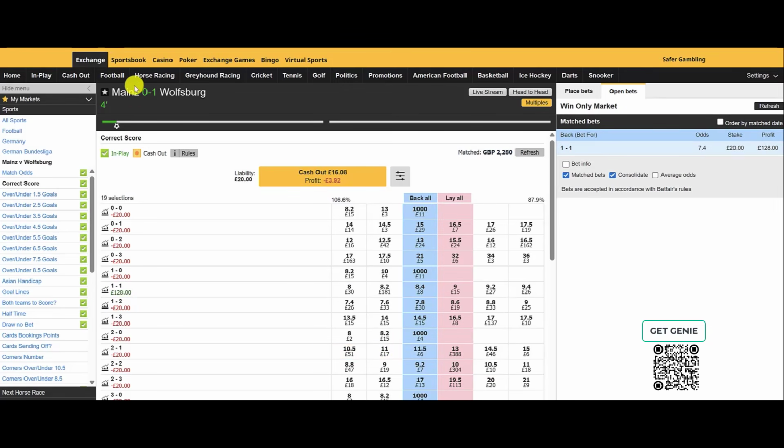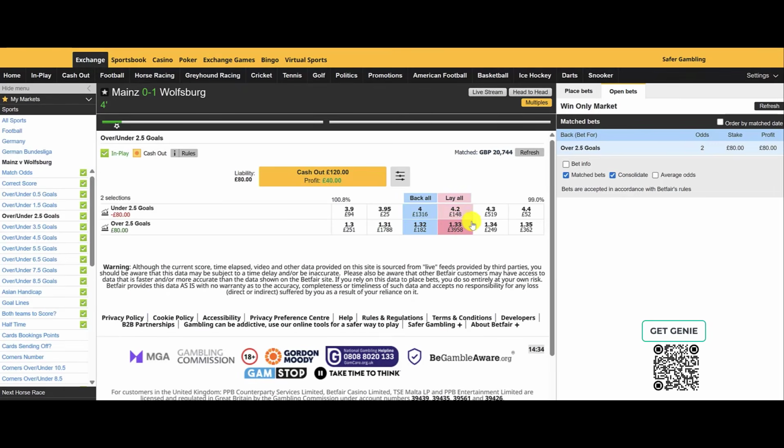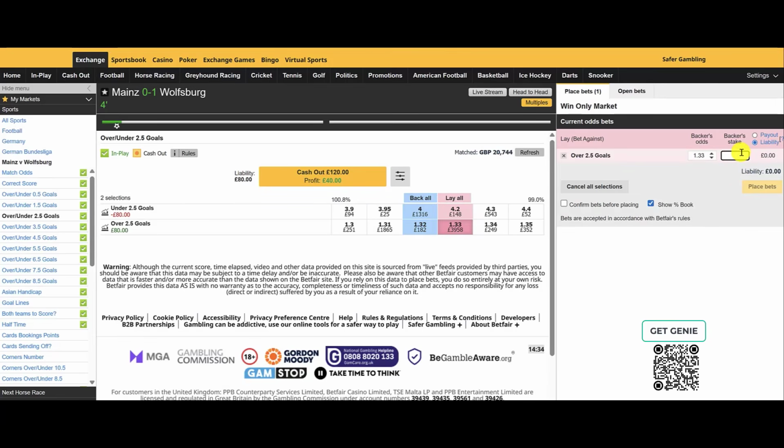So if we get an equaliser from Mainz, then obviously you're in a very, very strong position. But at the same time, I do believe we should take advantage of the fact that we've got this early goal, and it's probably as good as it's going to get with early goals, unless we get a second early goal.